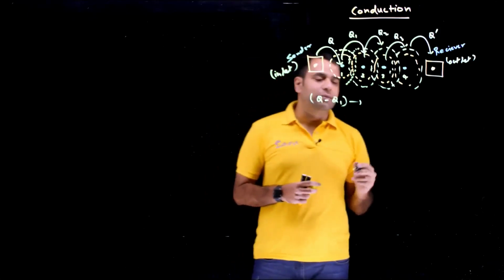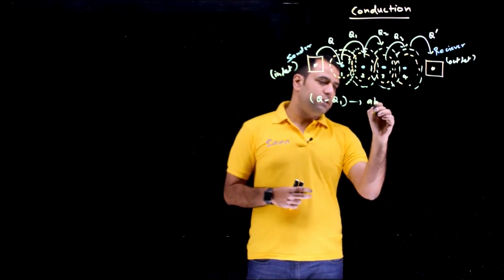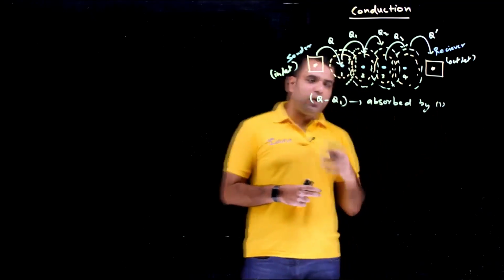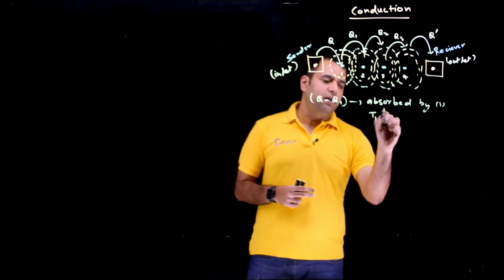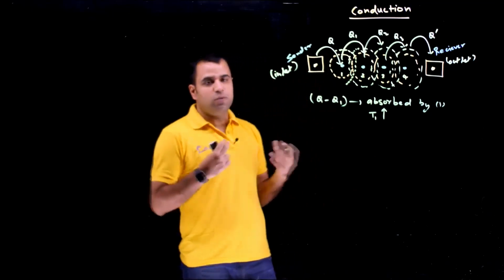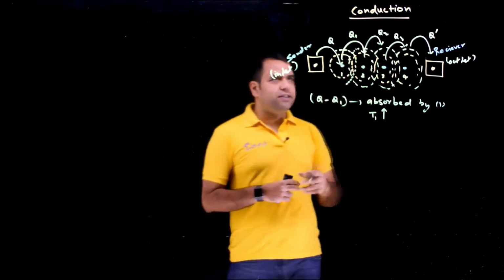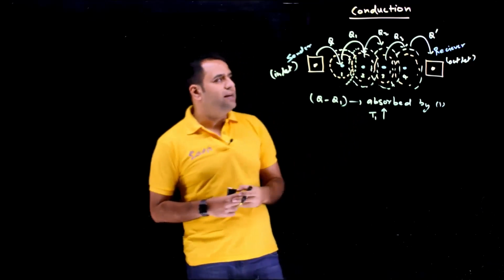The Q minus Q1 amount of heat is being absorbed by particle 1. And because of this absorption of heat, the temperature of particle 1 will increase. So it will have more vibration. Okay. So in this process, Q was the amount of heat the sender was sending, and Q dash was the amount of heat the receiver was receiving.